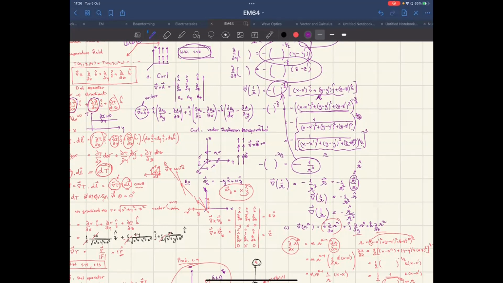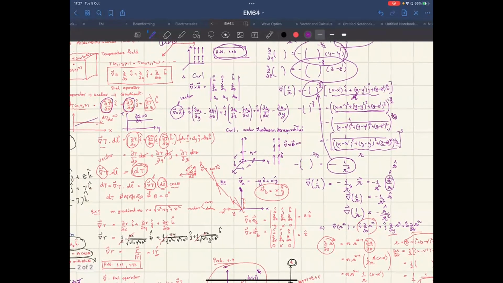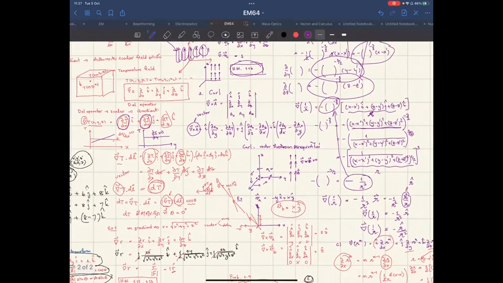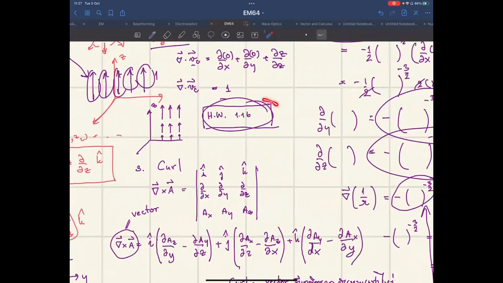Solve the problem 1.16 for us. See, this is what we want to do now, 1.16.